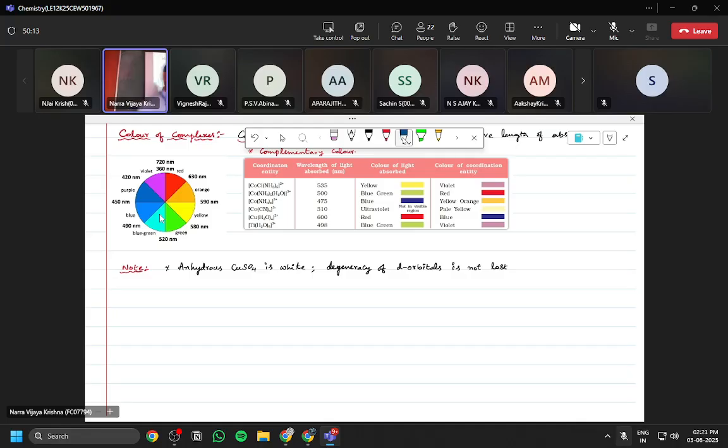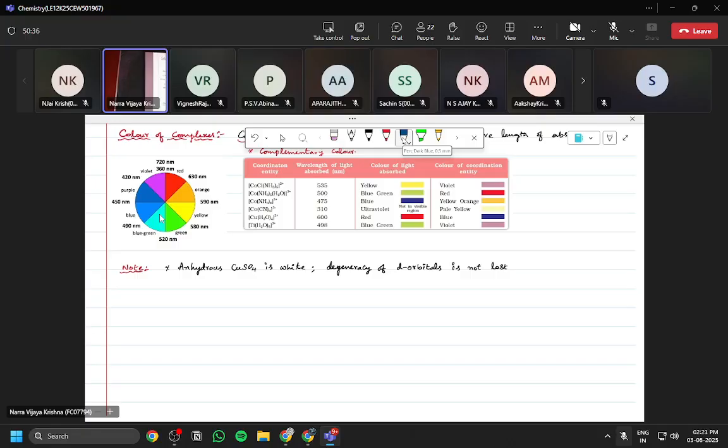Then one more thing. I am taking the example of a cobalt complex. Water is the ligand. There is some splitting. Instead of water, if I take ammonia as ligand, or carbon monoxide as ligand, what happens to the splitting gap?